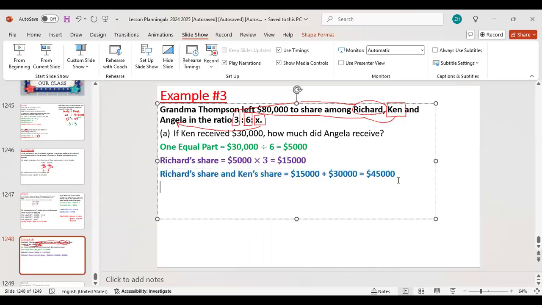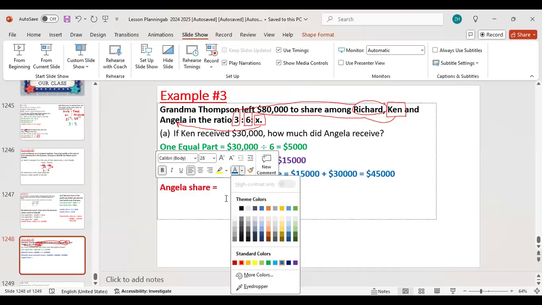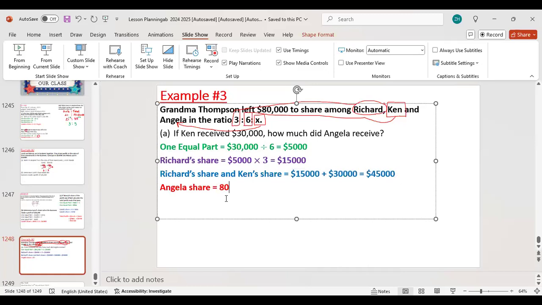So now we want Angela's share, right? Angela's share is going to be the difference between the total amount and Richard and Ken's share.